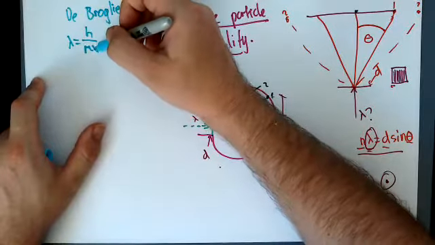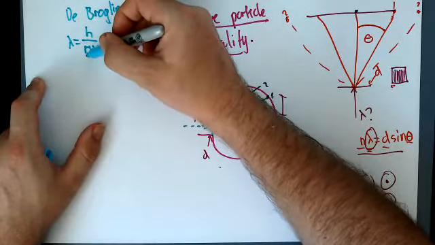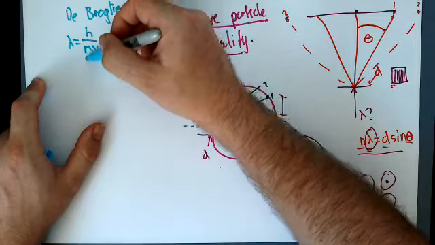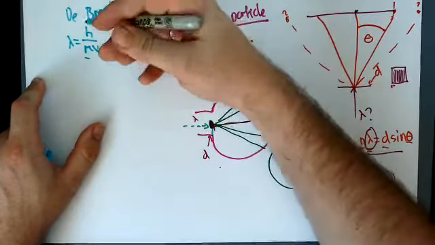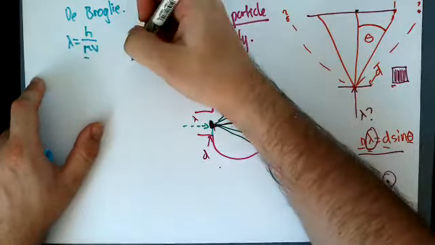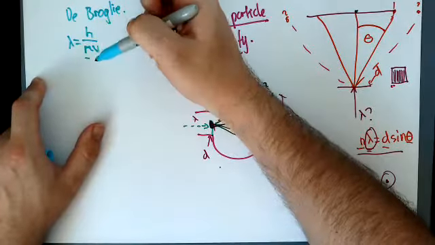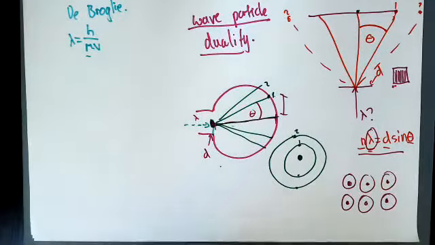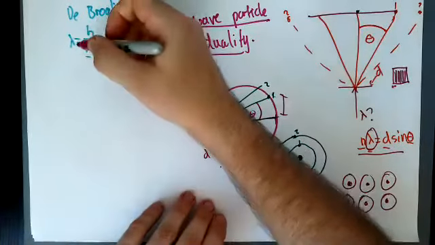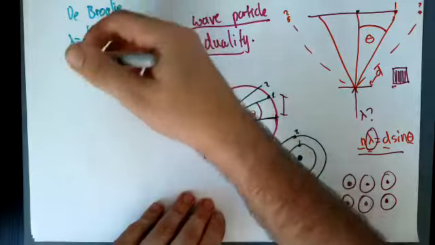Notice that the particle part of this equation is the m. The m is mass, so that denotes something that is a particle. The lambda is a wavelength. That's something that's behaving as a wave. And so what the de Broglie wavelength is, is this value right here.